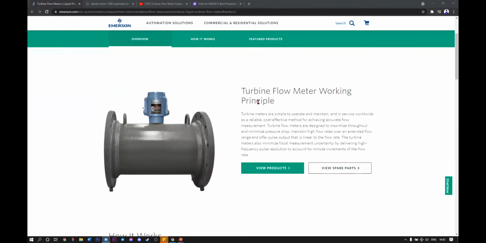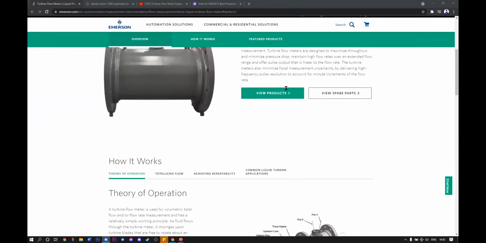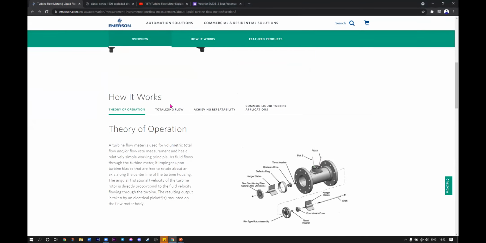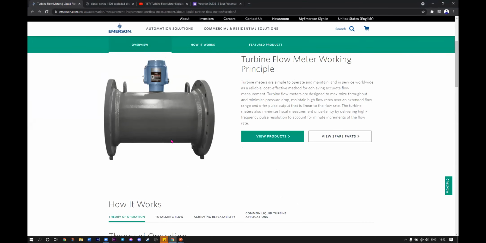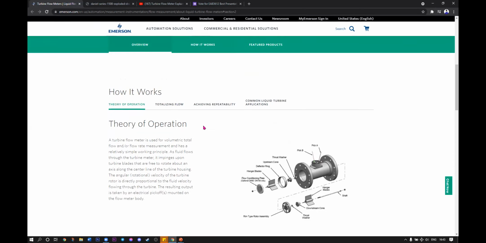Our topic for today is turbine flow meter. Basically, when we see the name, we can see that this turbine flow meter is for volumetric total flow or flow rate measurement, and has a relatively simple working principle.